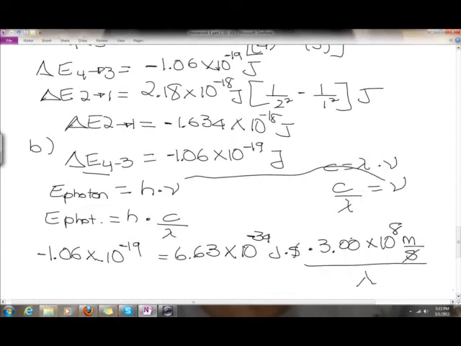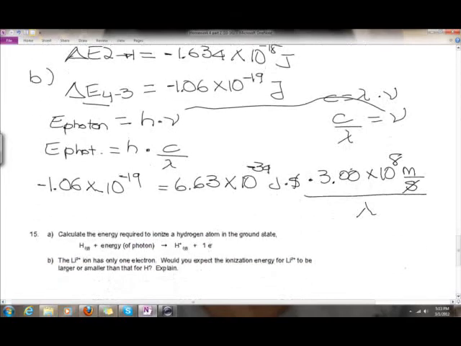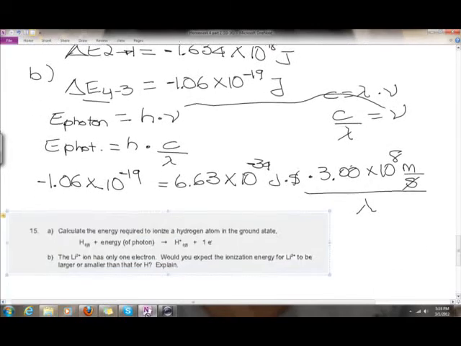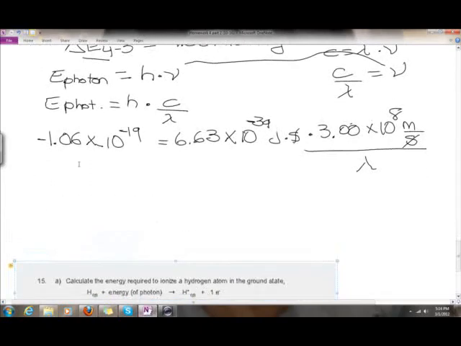You don't have the wavelength, that's what we're trying to find out. So we go ahead and plug it in and find the wavelength by multiplying both sides by wavelength and dividing by 1.06 by 10 to the minus 19.